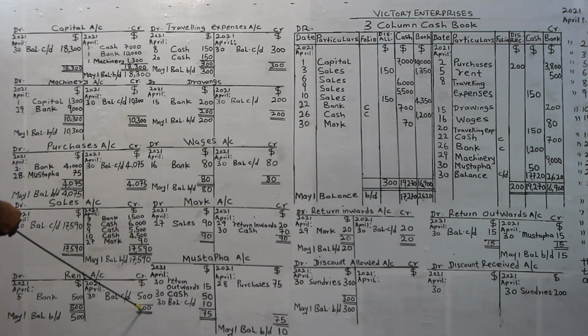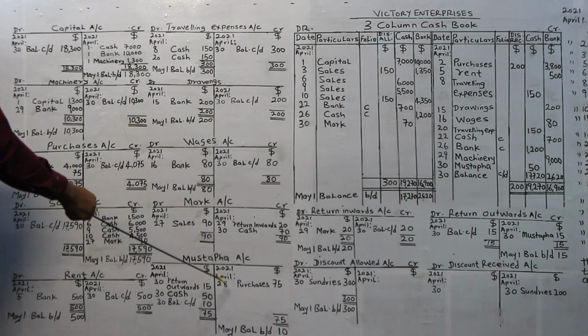The 500 is brought down here and closed in the same line with this. And finally, since the balance carried down is on the credit side, it comes back to the debit side to become the opening balance or balance brought down for May 1st, 2021.